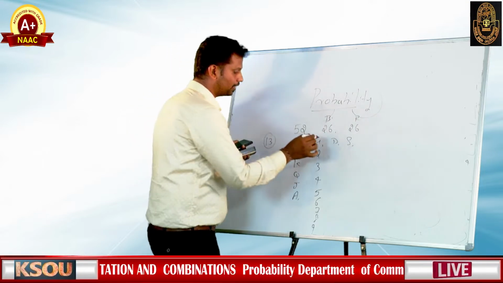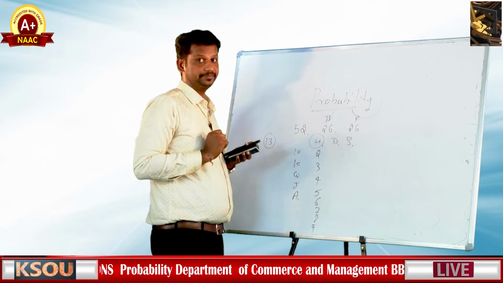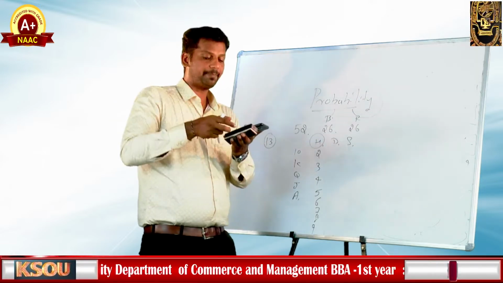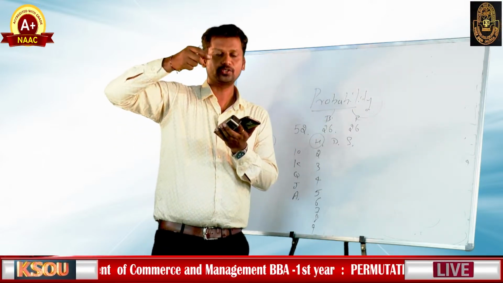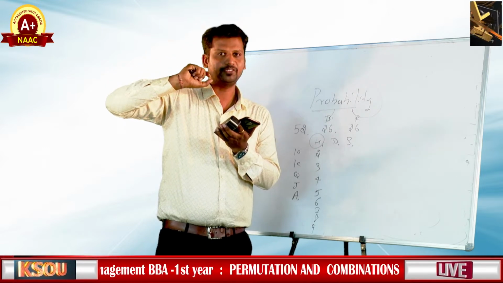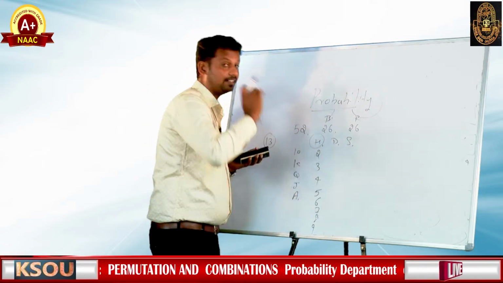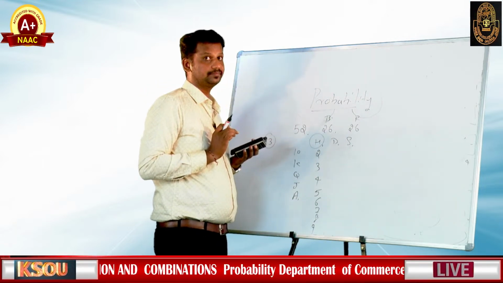So heart, how many cards are there in the heart series? 13 cards are there. In a packet, the total number of cards is 52. Out of 52 cards, 13 cards are heart symbol. Is it right?